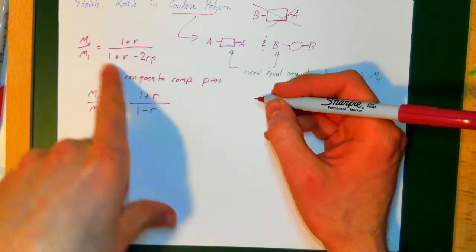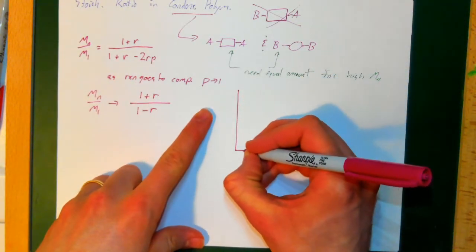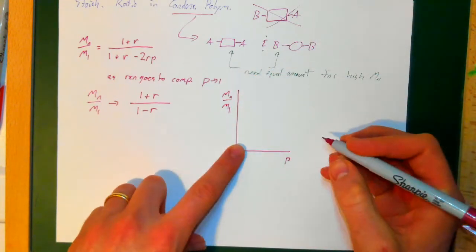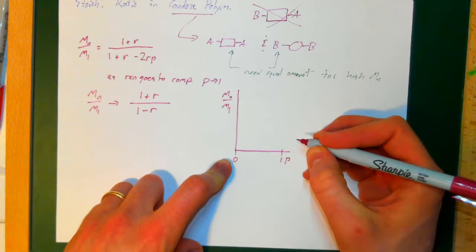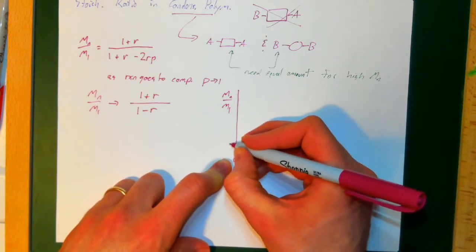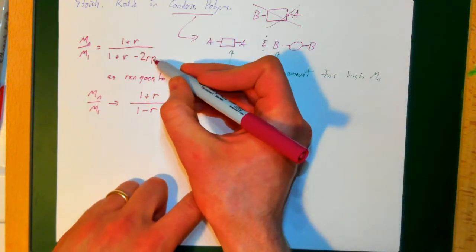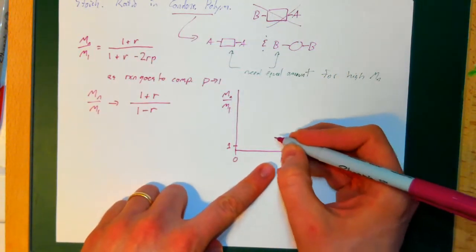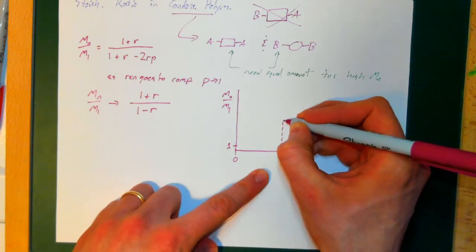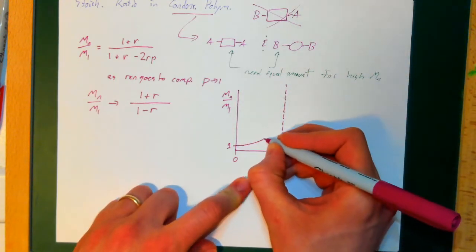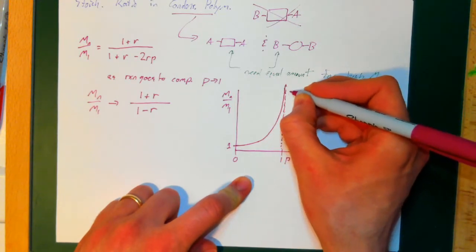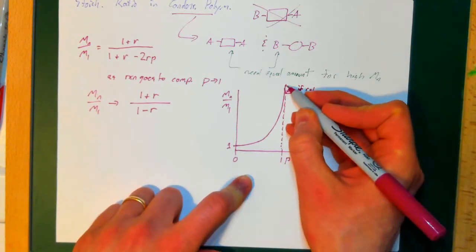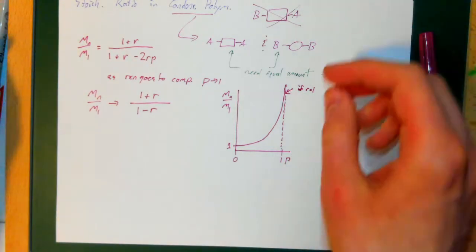Well, if you looked at this as a function of p, this M sub n over M sub 1 over p, p can essentially go from 0 to 1, and it starts at 1 right here. If you sub in p equals 0, then you get 1. If r equals 1, then we get this vertical asymptote right here.